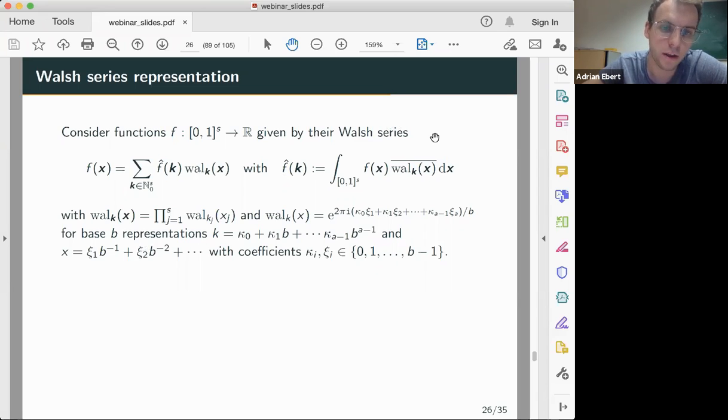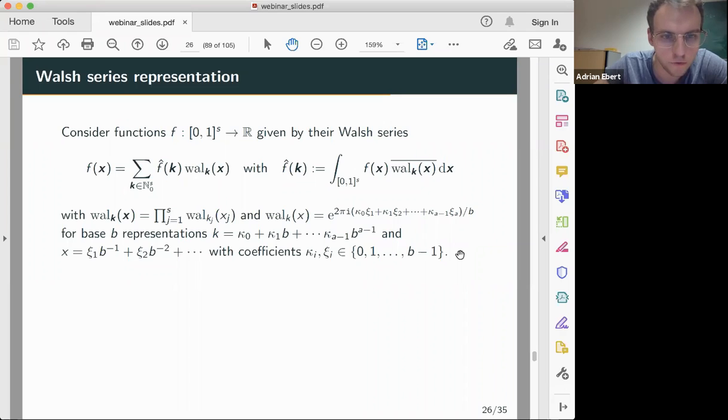Instead of having a Fourier series, we consider a so-called Walsh series. It is essentially the same, just that we now have Walsh coefficients f hat of k, and our basis functions are now Walsh functions. The Walsh functions are defined like this. I hope this is more or less known.